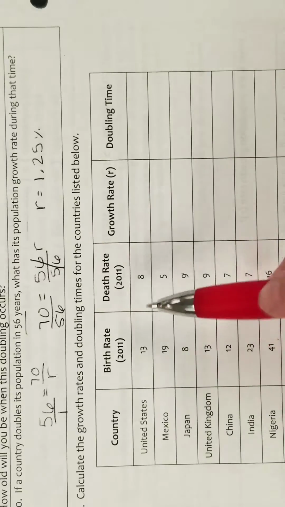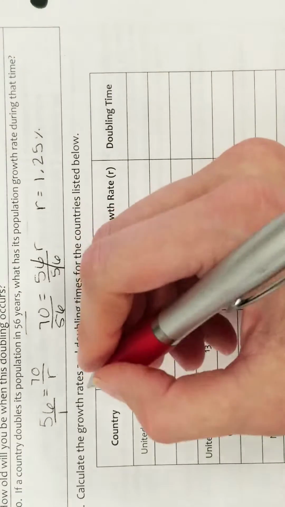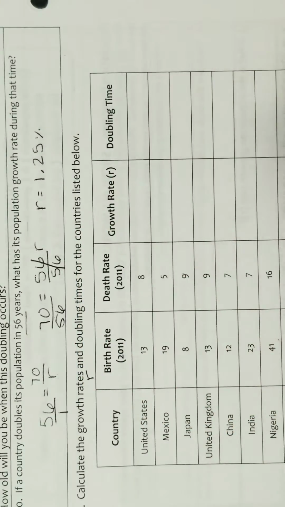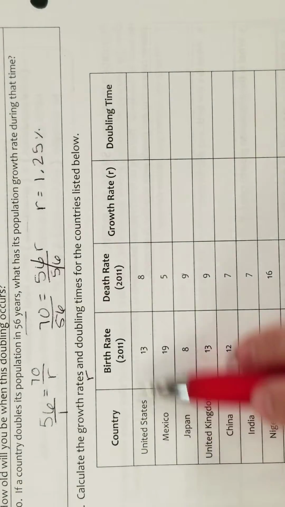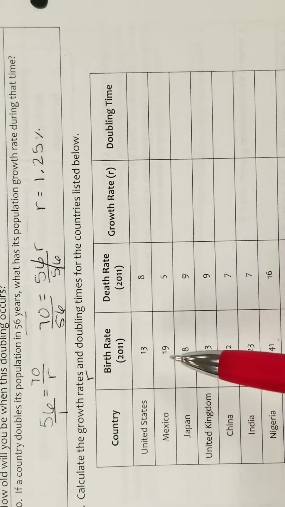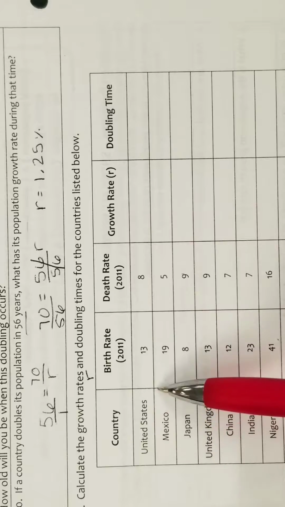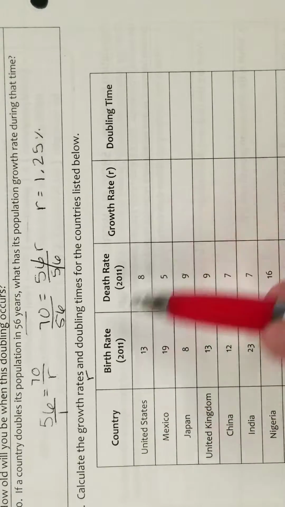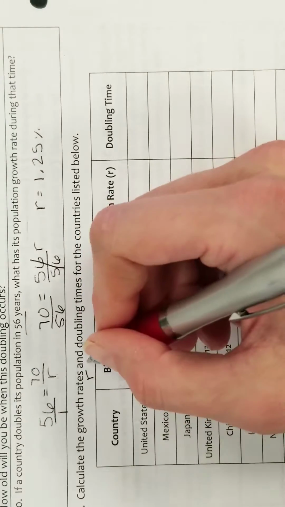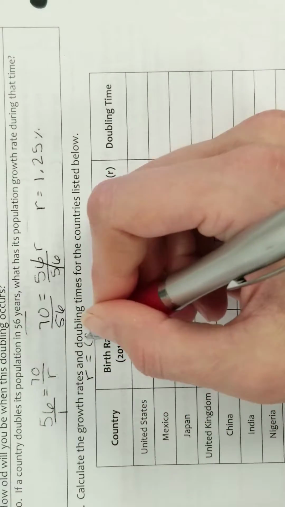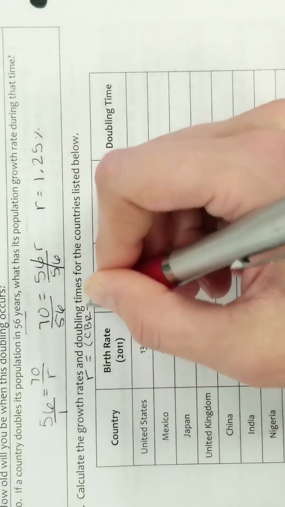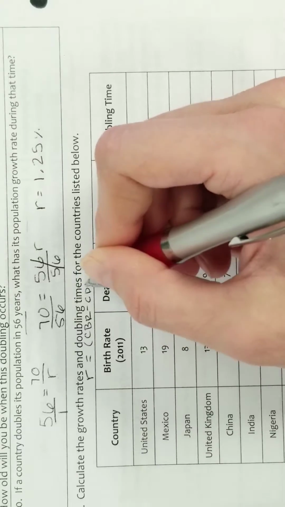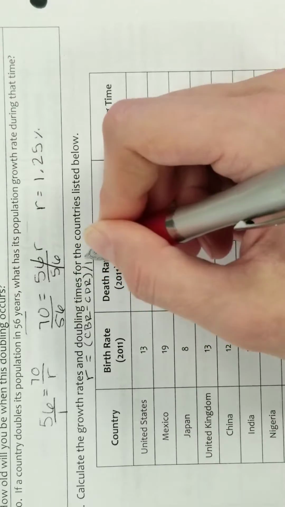Knowing that, we can use that shortcut for R, and actually we don't have another choice because we don't have the total population. Unless you had the total populations of the nations, you wouldn't be able to do this using the other formula. So we are going to use R equals crude birth rate minus crude death rate divided by 10.